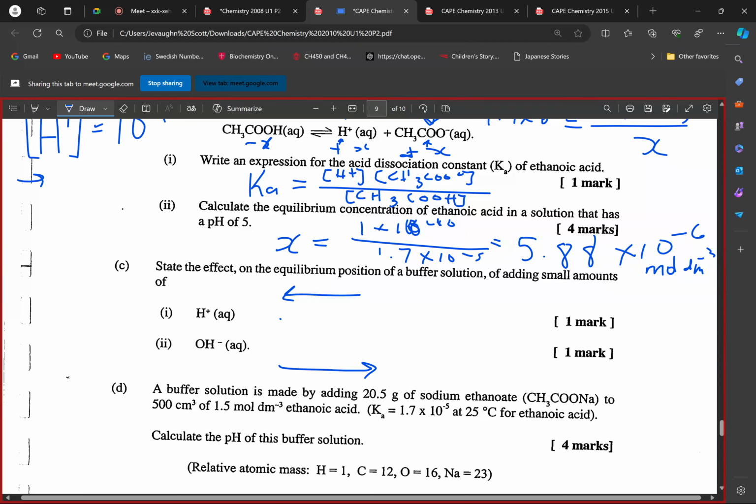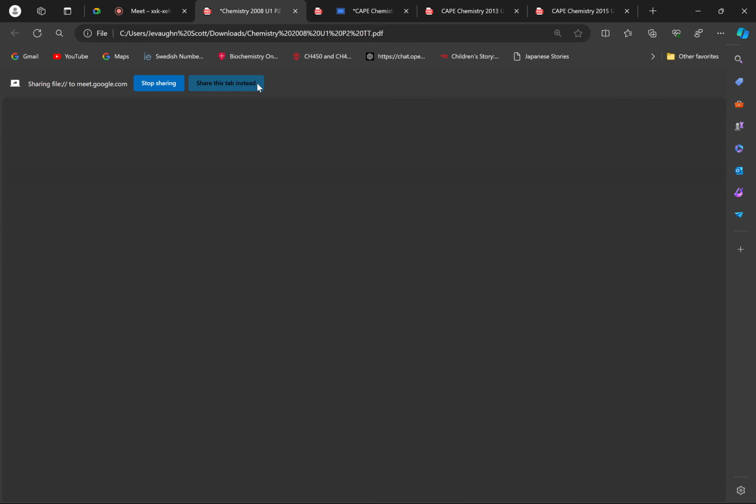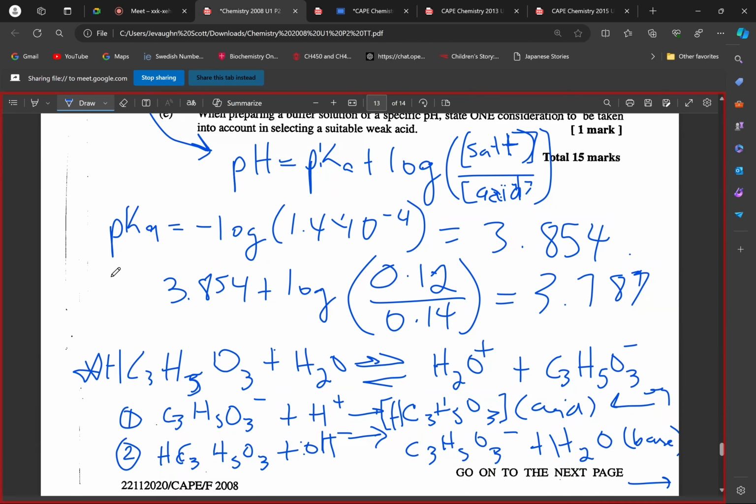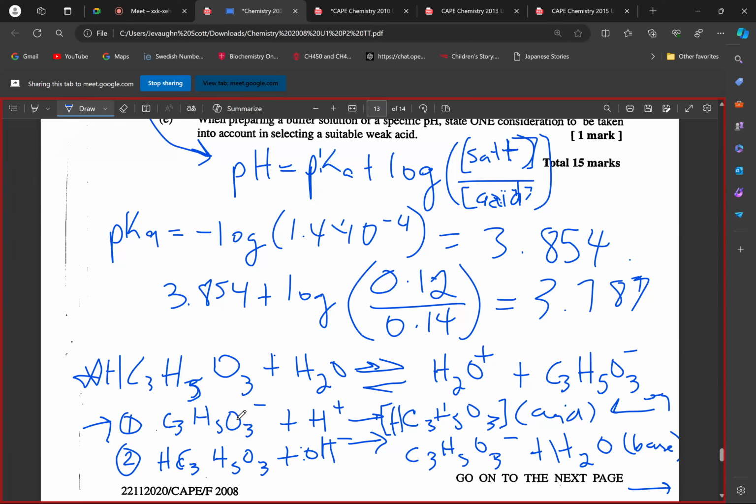Sir, that's where I'm confused. How does water come into this? Okay, so let's go back to the 2008 paper. If we add an acid here, it's a base that will take up the hydrogen ions and reform our acid.